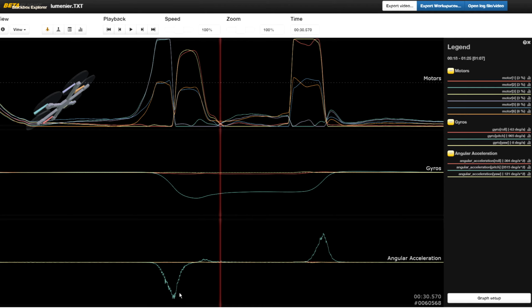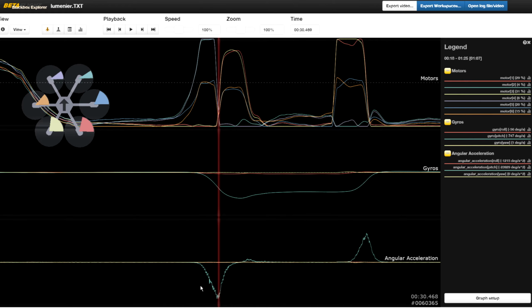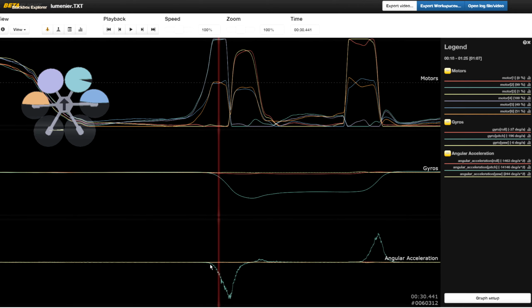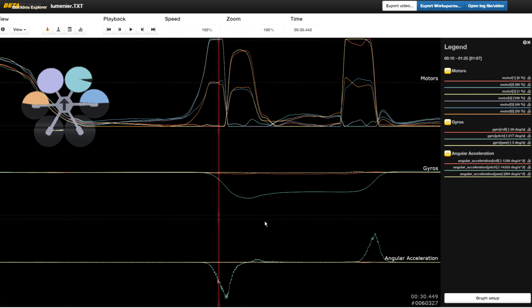We're still accelerating right up until the point where the PID controller shuts us down, and then we start slowing down again. So you can get an even clearer image of what sort of force the motor is applying on the quad here, where the gyro trace isn't as obvious. Here you can see that the motor is still accelerating all through this entire thing.